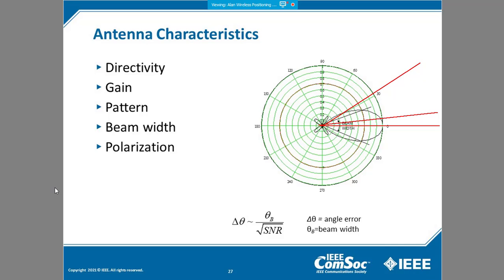For a given pattern, the lower the signal to noise ratio, the more fuzzy the signals, and the more difficult it will be to determine the position of the antenna which gives the maximum signal strength and gives the exact direction. So this shows here simply that the error in determining the angle of arrival depends both on the sharpness of the beam and also on the signal to noise ratio of the antenna.